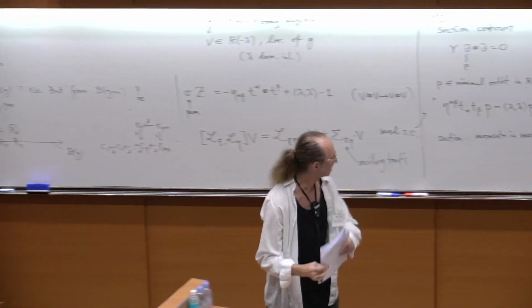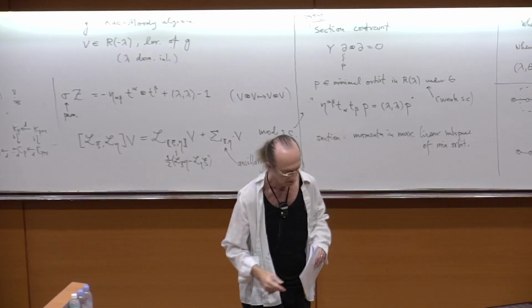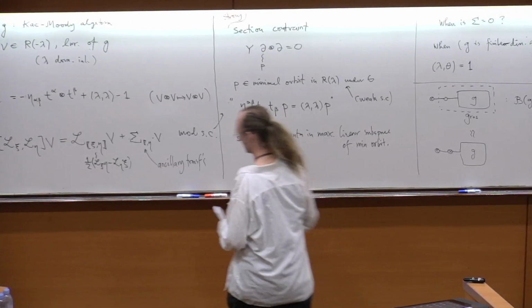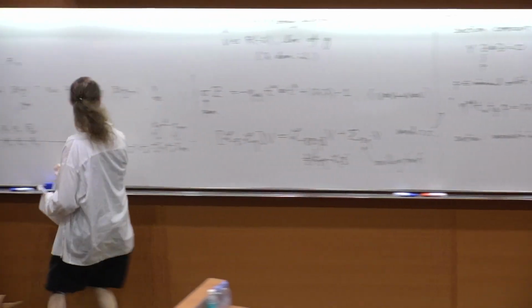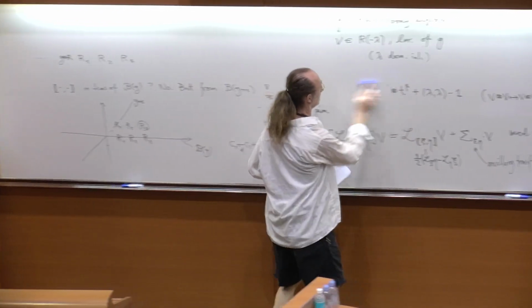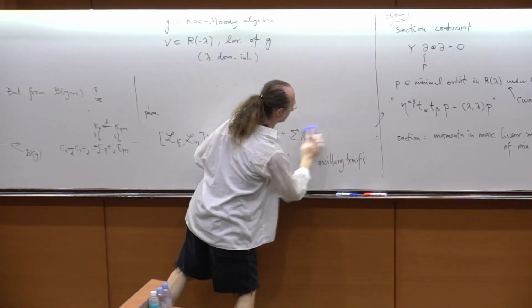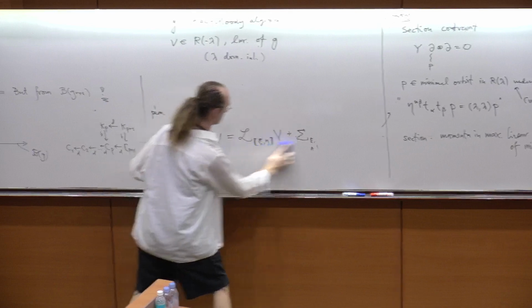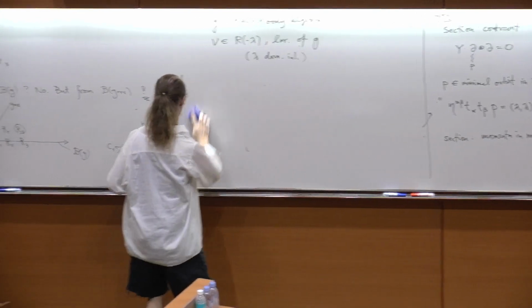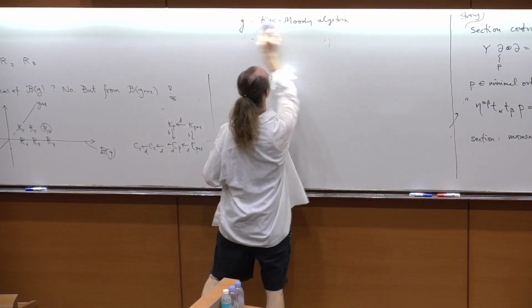I will not tell you the details. What I will tell you, to make my claims believable, is that we have explicit expressions for all the brackets in the L-infinity algebra.